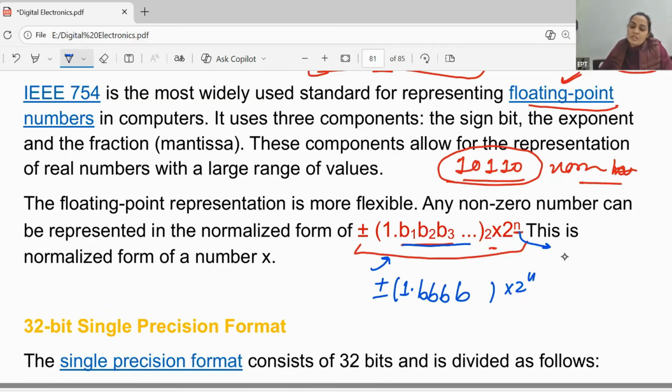Here n is known as the exponent, this part is known as the significand, and this is the sign.